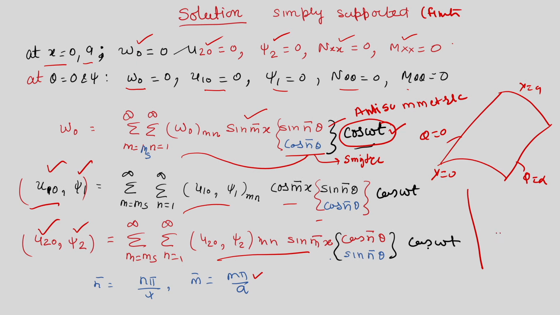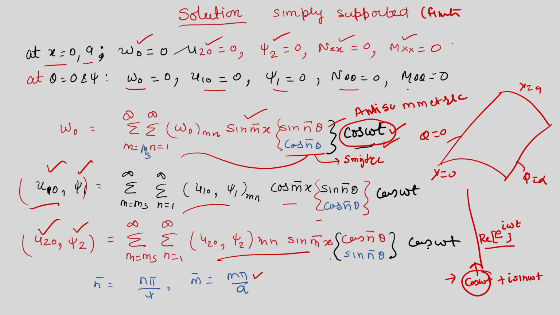Sometimes people take e raised to the power i omega t, or the real part of e raised to the power i omega t. If you open it, it becomes cos omega t plus iota times sin omega t, and we are taking only this real portion. So instead of writing in this form, I have directly written that we can assume cos omega t.